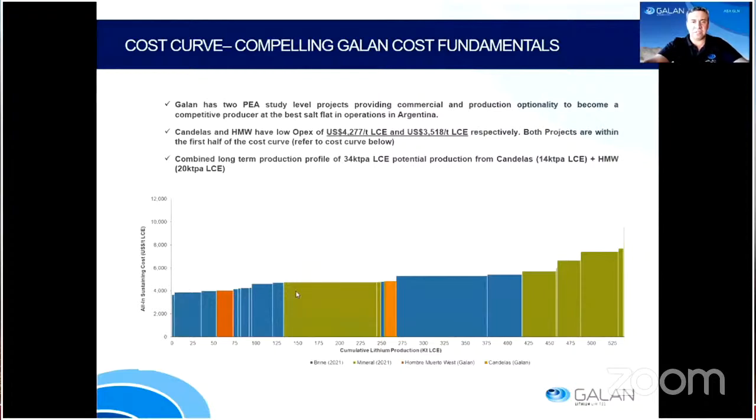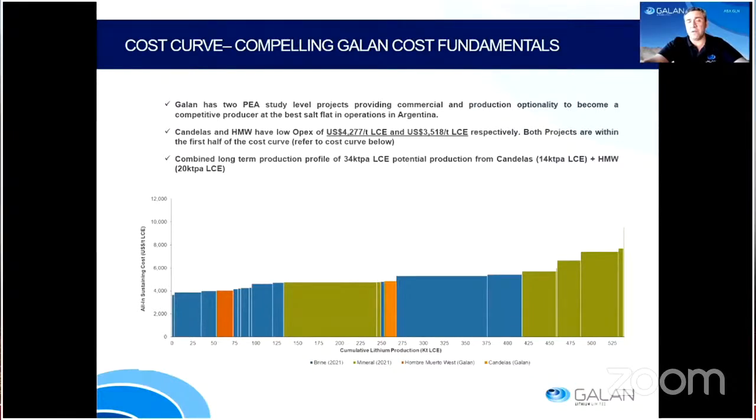So where is Galan today in our cost curve for the year 2020, or 2021, better said? We are at Hombre Muerto West at the right point, one of the lowest operating costs. Then we have Candelas, which is sitting right in the middle. So as a combination of our two projects, we're already very competitive, and we believe that we can potentially show something really good to the market.